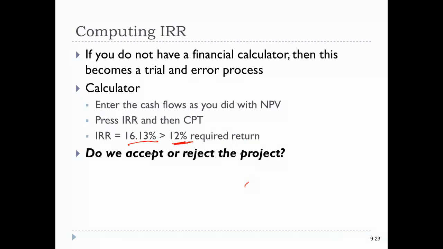We're happy with this investment if it generates a rate of return of at least 12%. We've just determined that it actually generates a rate of return of 16.13% on the capital employed. So, accept this as a good project. Accept the project.